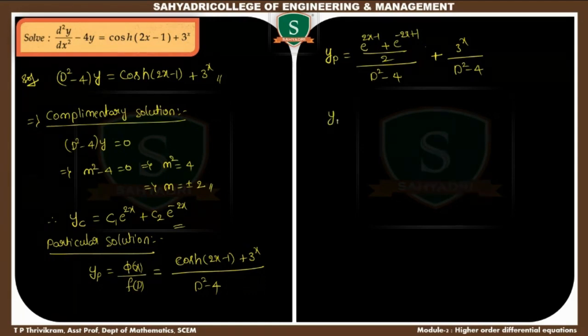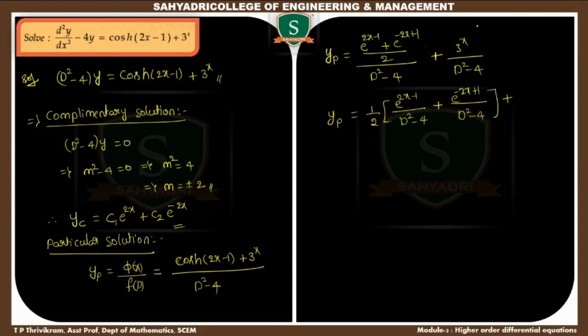So yp is equal to, I will take 1 by 2 common here. So e power 2x minus 1 divided by d square minus 4, plus e power minus 2x plus 1 divided by d square minus 4, plus 3 power x, which can also be written as e power log 3 whole power x, divided by d square minus 4.